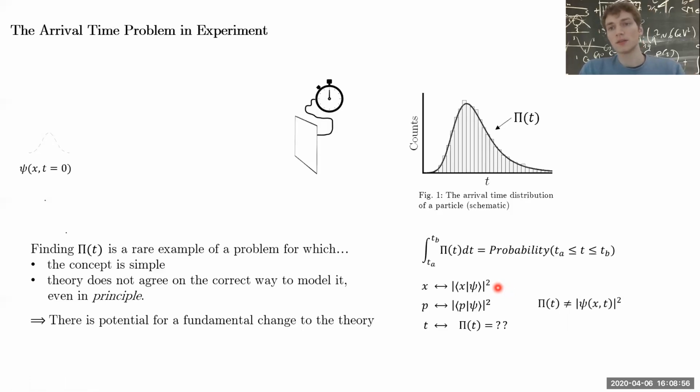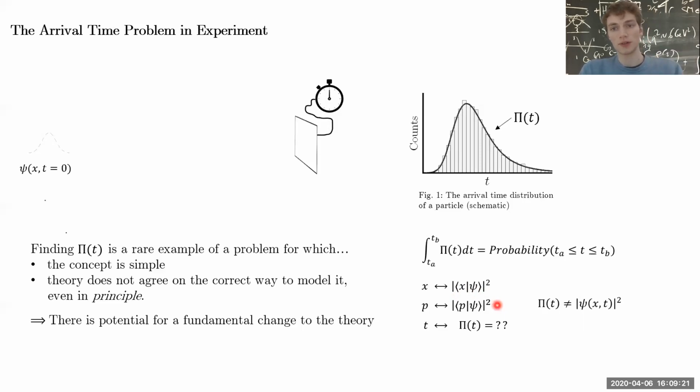If a measurement is done at a fixed time, then the probability of that measurement giving a position x, the probability density, is the inner product of x with the wave function squared. The probability distribution for momentum can be given in the same way.